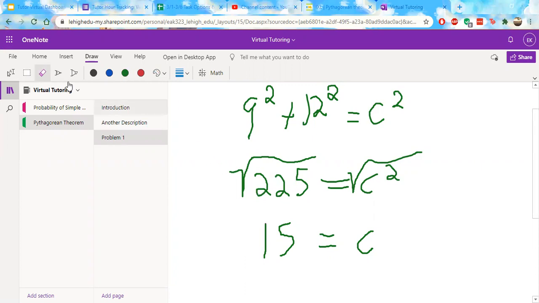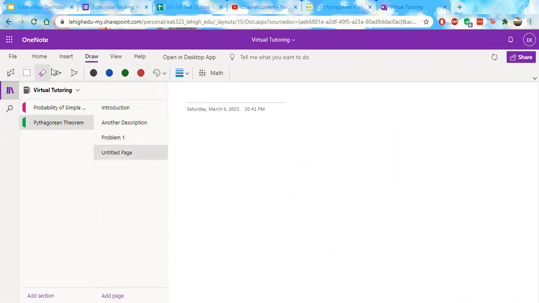All right. So let's think of another example. Add page. This one I'm going to show you is not going to have as perfect numbers. But I promise you guys can do this.